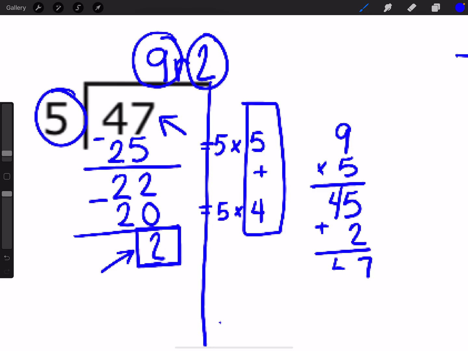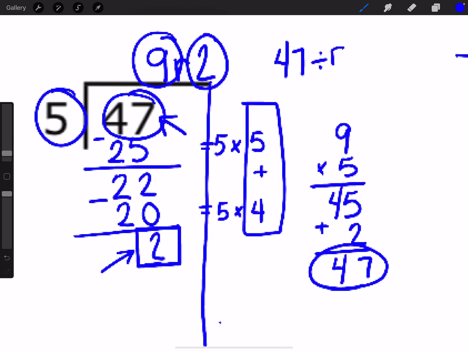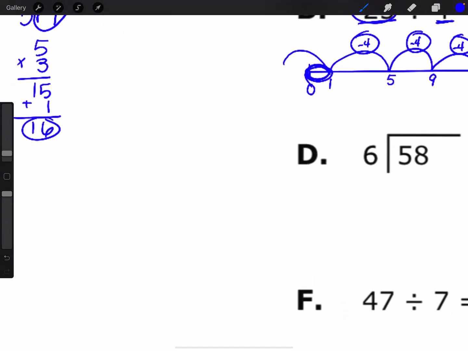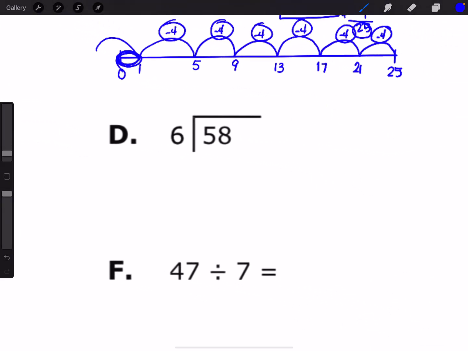So 5 plus 2 is 7, and 4 plus 0 is 4. So the dividend matches up. So 47 divided by 5 equals 9R2. Good job.